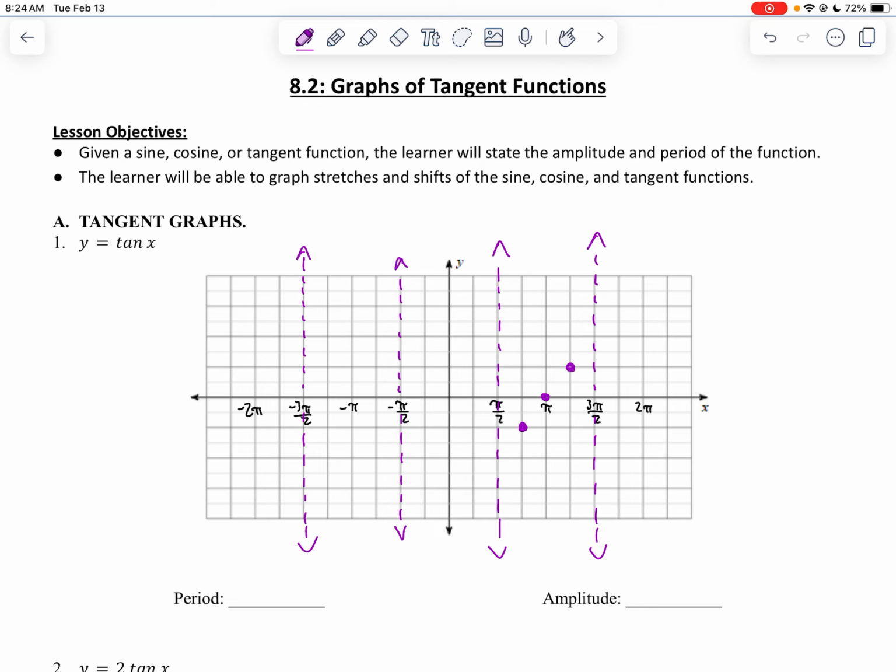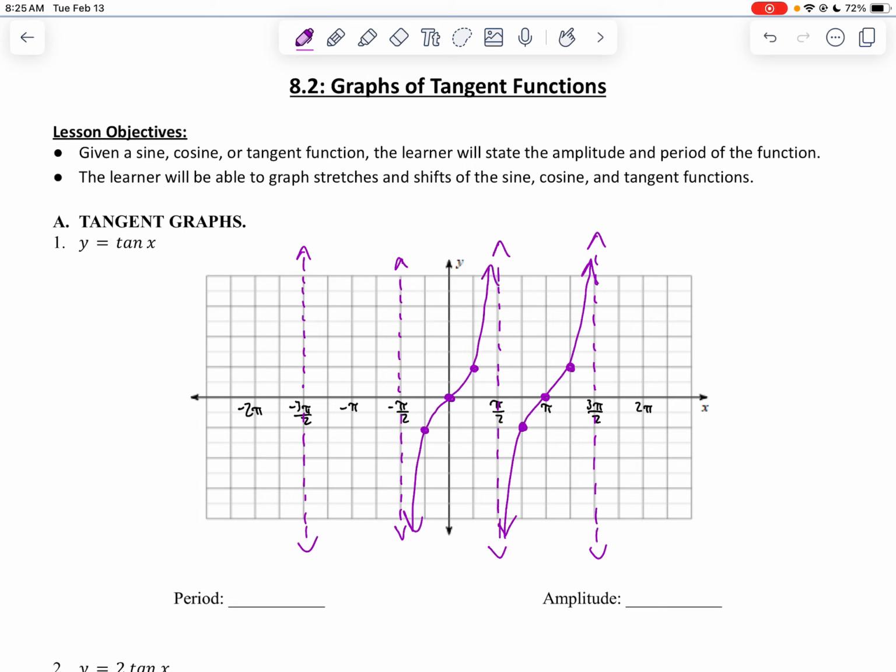Now, when you look at this graph, do not connect this as a straight diagonal line. Okay, it's going to have a little bit of a bend to it because it's going to approach these asymptotes. So from pi over 2 to 3 pi over 2, you'll have a tangent graph that'll look as you see here. Now, I'm going to be able to mimic that in these other portions as well, in between the other sets of asymptotes.